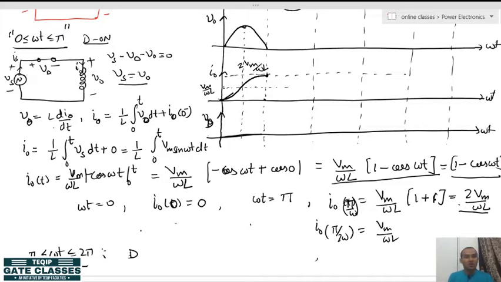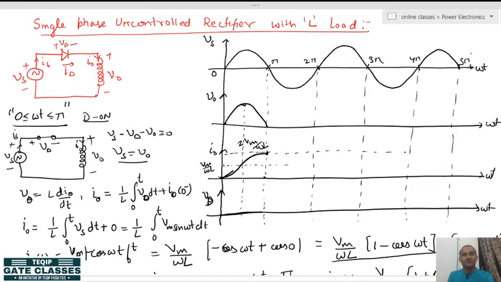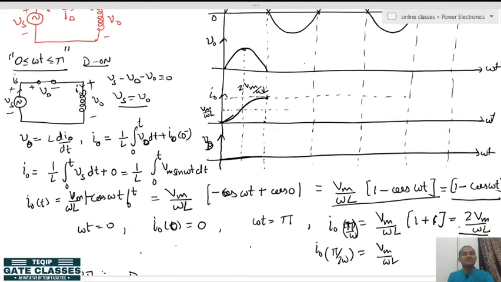So when we talk about the pi to 2 pi instant, the inductor is storing some energy across it, and since there is no separate path for discharging its energy, what will happen when the supply gets reversed, that is pi to 2 pi, when the supply changes its polarity? Due to the change in polarity, this diode will tend to become reverse biased.